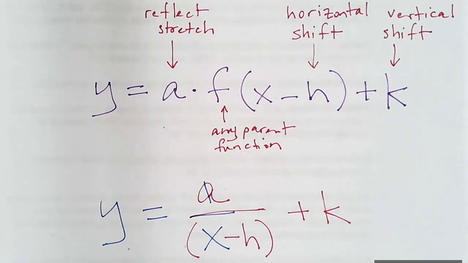On my overhead screen, the one you're seeing right now, I'm including the general form of a function where it shows you the location of where the reflection is, and the horizontal shift, and the vertical shift, and at the very bottom, you can see the new function, y equals 1 over x, which is called an inverse function or rational function.